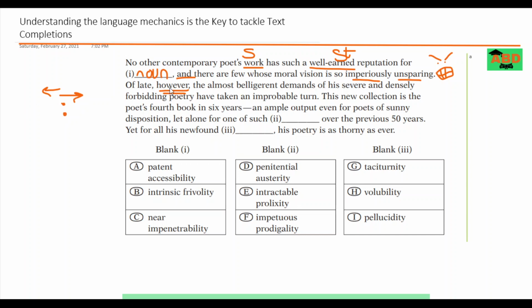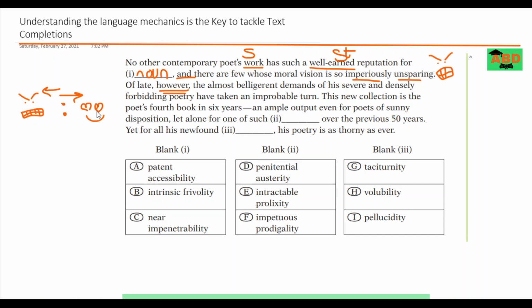If before, the guy's reputation is harsh and angry, dominating and bossy, what can I expect after, since I have a however? Probably this guy is going to turn into a pretty nice guy with a friendly nature, who's always smiling and sharing hearts and smiles, that kind of thing.